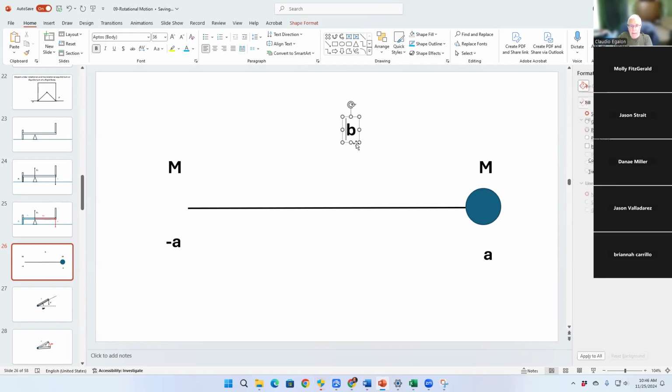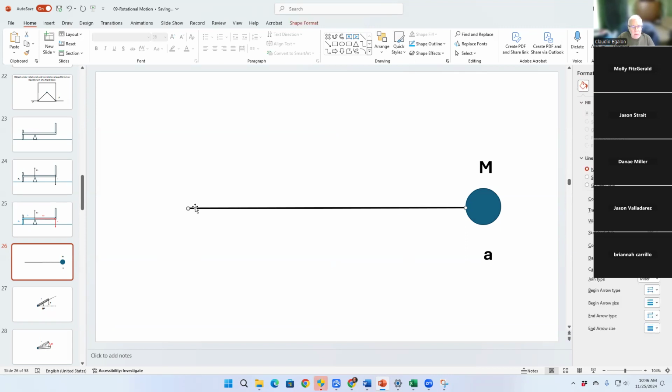Mass M, and length A. I'm gonna make it a little bit shorter.